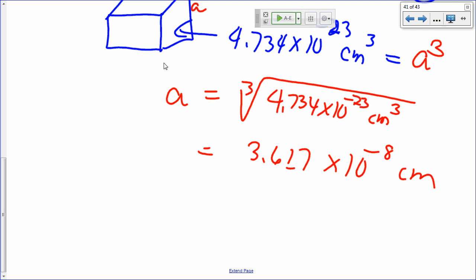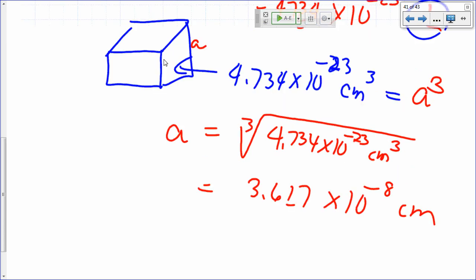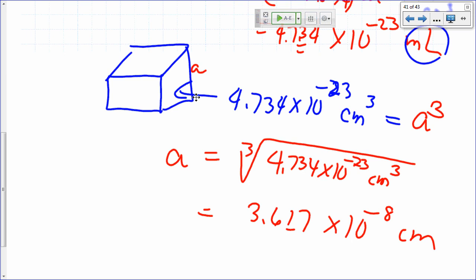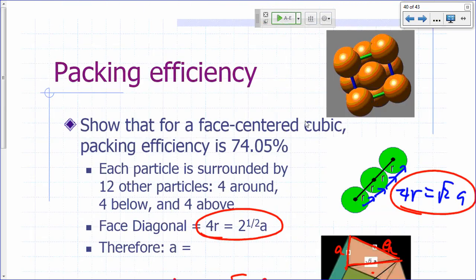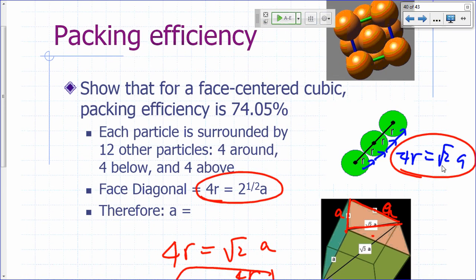What's the radius? Face-centered cubic, you remember? That's across there, that's 4 times the radius, right? 4 times the radius is equal to square root of 2a. Correct? Remember? Face-centered cubic. It's the face diagonal.